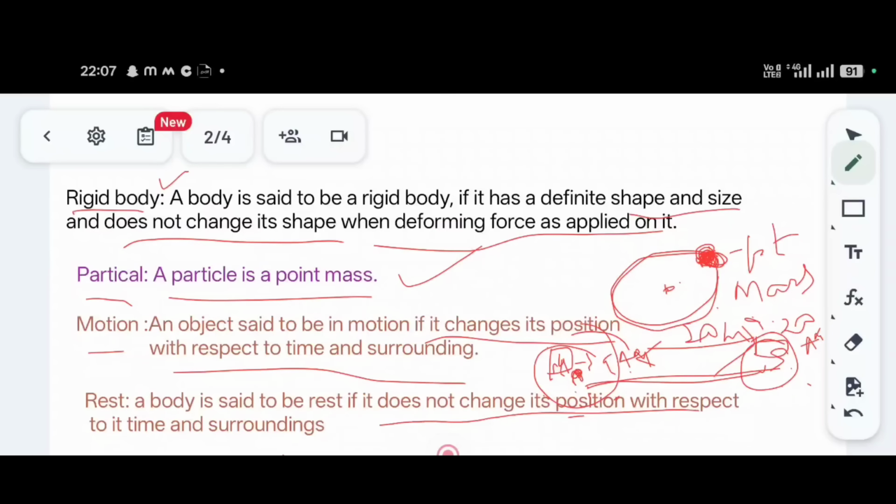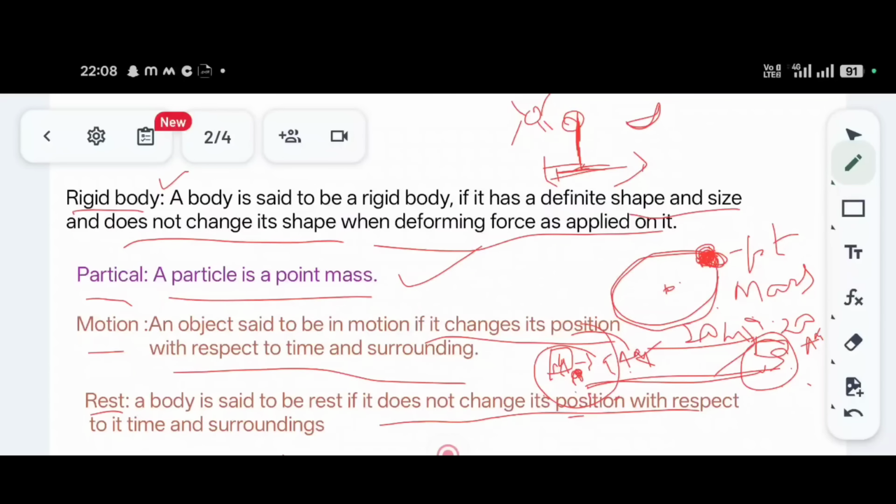Suppose a lamp post will be there in the morning and also in the night, and the surrounding is also not changing because it is situated on the earth. Earth is the frame of reference for the lamp post. Hence the body is at rest, it does not change its position.